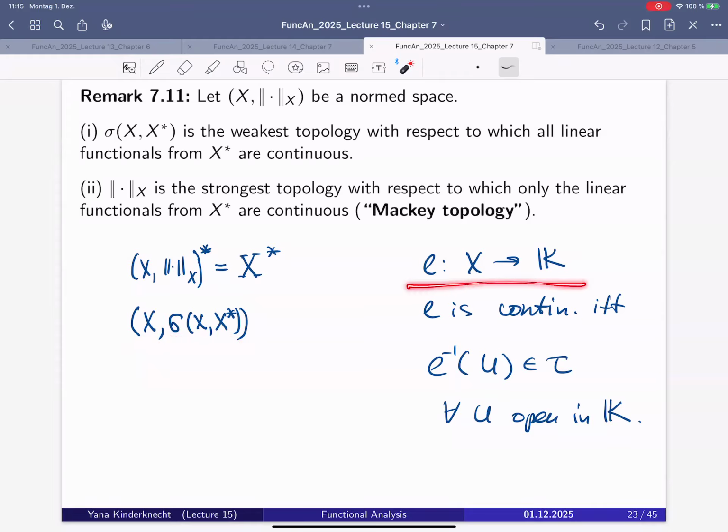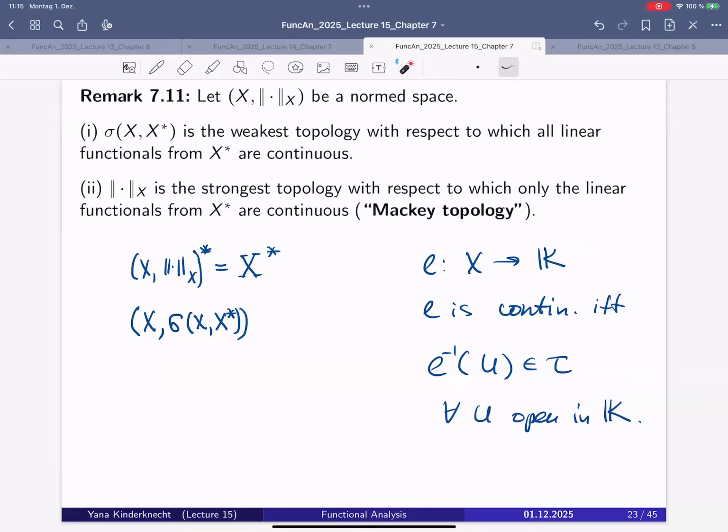Linear functionals map X into K. Here we have a fixed topology, the standard topology on real numbers or on complex numbers. You know what an open ball is there, so it's a metric space. There is a topology. But here we play with the topology in X.